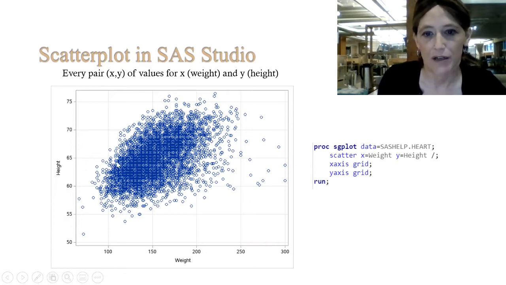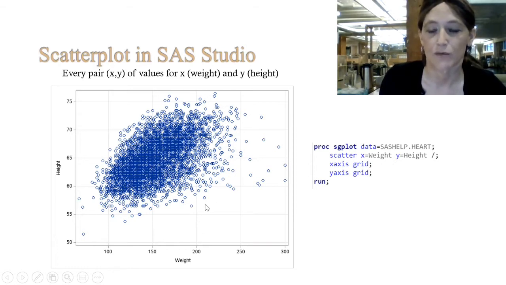Conceptually, it might have been better to choose weight for my y and height as my x, considering that it's height that's driving weight in this relationship as opposed to the other way around. But in a pure correlation analysis, it really doesn't matter which we put as our x or y. As we'll see when we calculate a correlation coefficient, it's still going to give me the same value regardless of which one I choose.